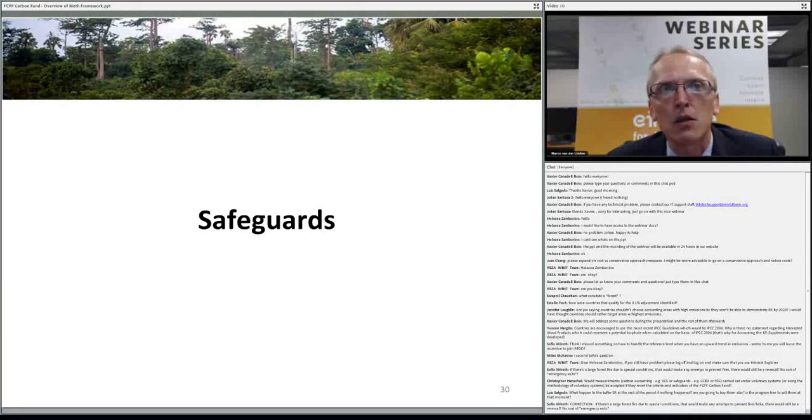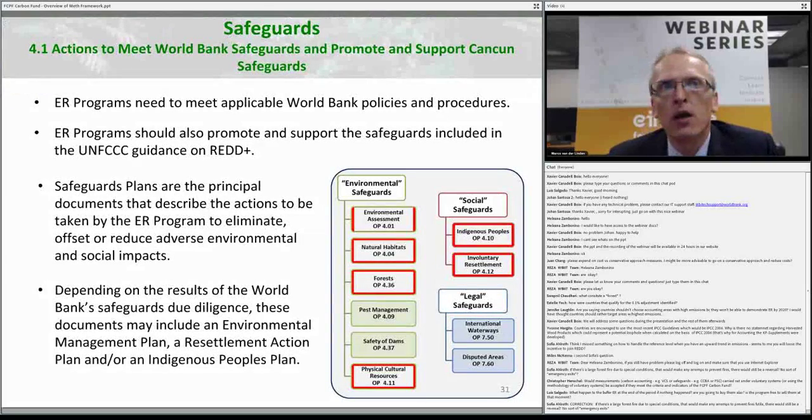One of those is the section on safeguards. The Carbon Fund is managed at the moment by the World Bank, which means that any programs that come in on the Carbon Fund need to meet applicable World Bank policies and procedures, which includes the World Bank safeguards.